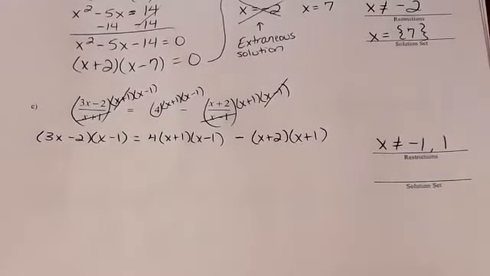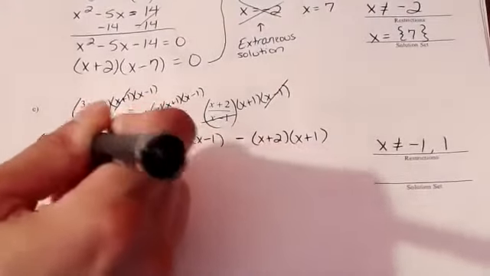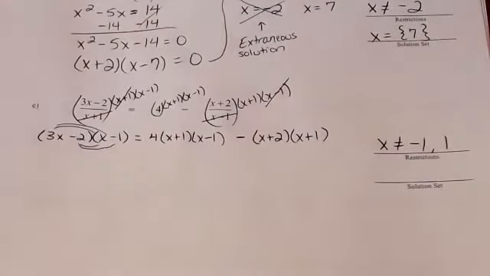Gut instincts. What am I going to do first? Don't be shy. Shout it out. Gut instinct. What do you think you're going to do? Distribute. Yes, distribute. So let's start with this first set. We're going to distribute here. I like drawing the lines of distribution.